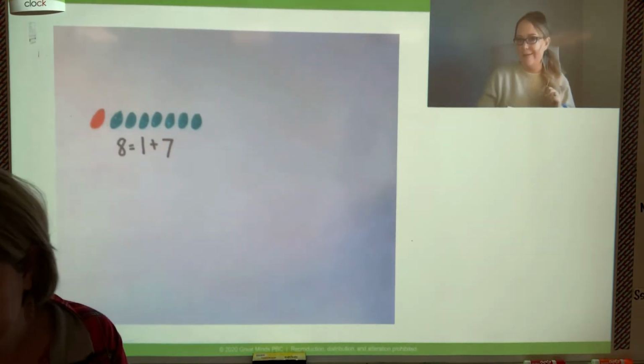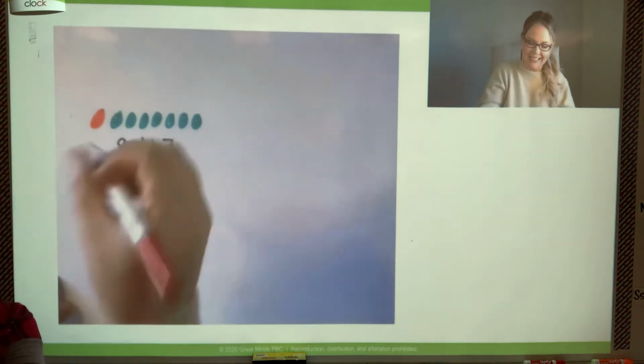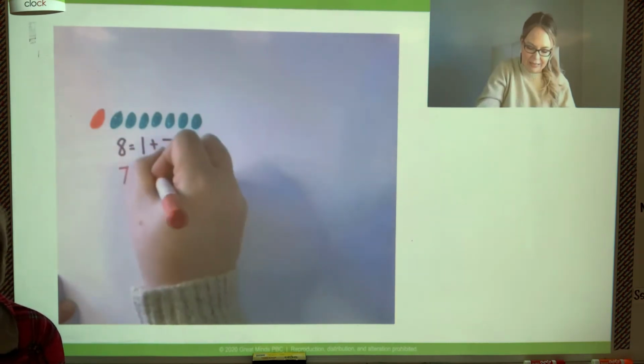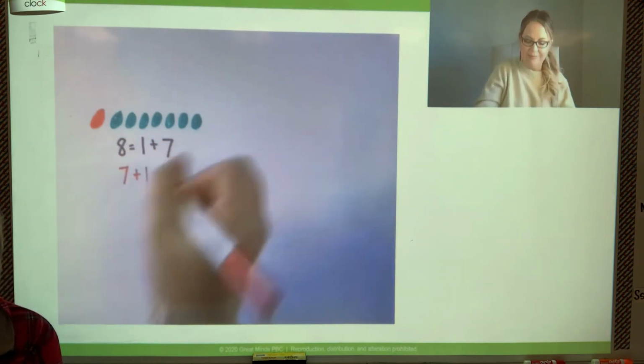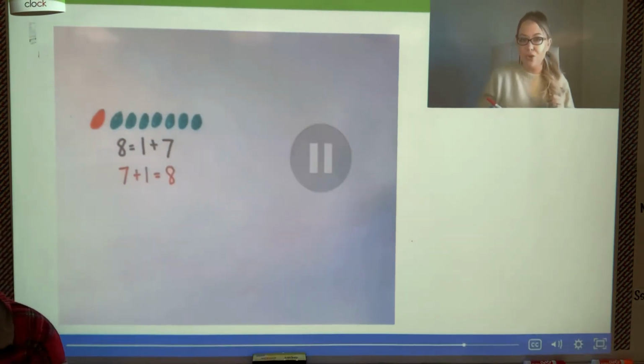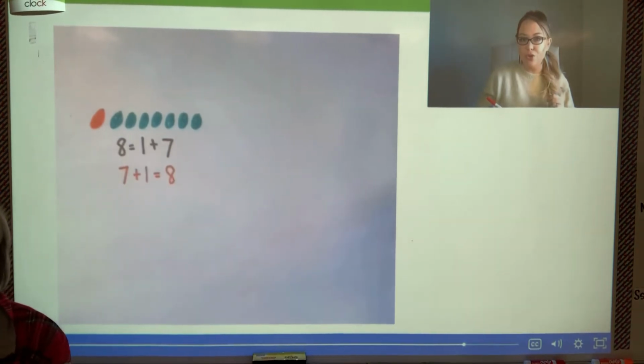Now what if I wrote the number of green jelly beans first, like this number sentence? Would that be a correct number sentence for this drawing? Thumbs up if it's correct, thumbs down if it's not.